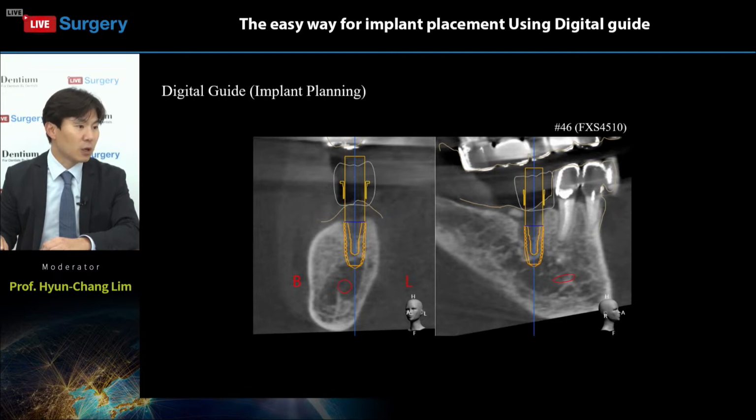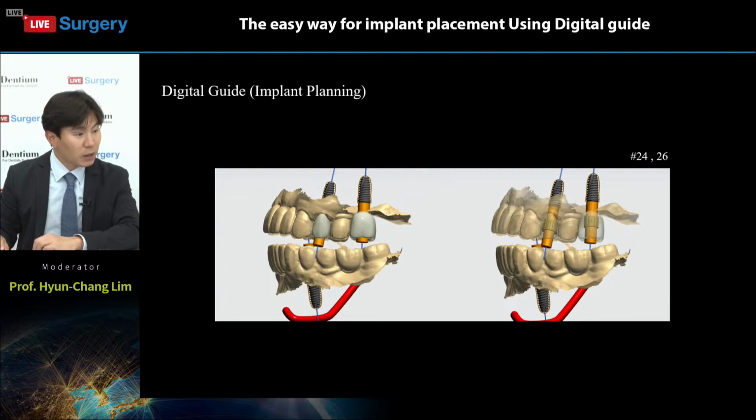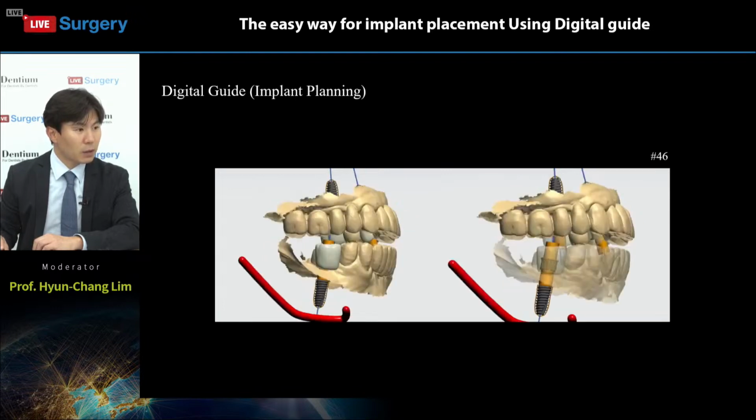So for this area, he may do some tissue augmentation here. And this is the implant. You can see the implant position and the future crown status. And this is the 46 area. We already checked this plan.